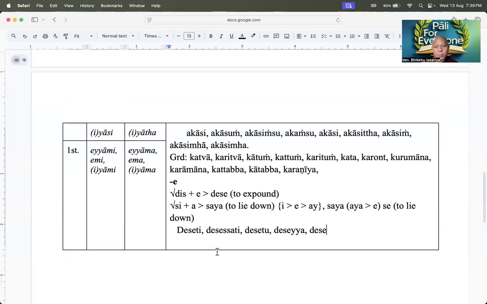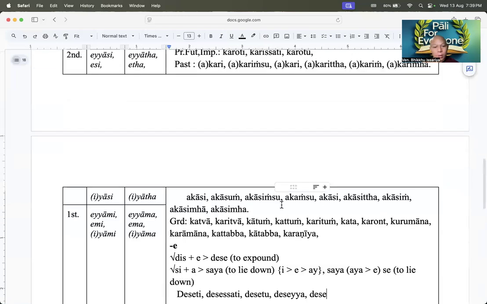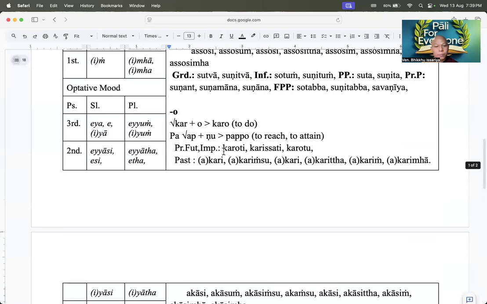So for this one, for the optative verb also, we have some special one, root guard, sorry.